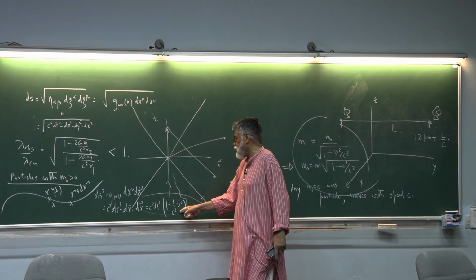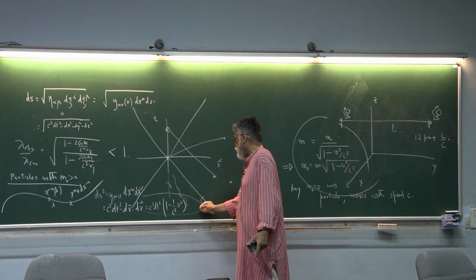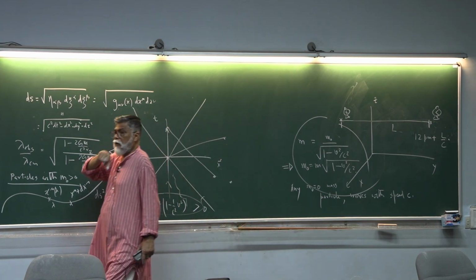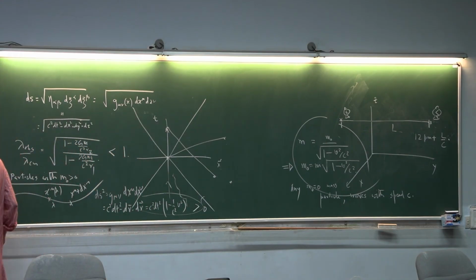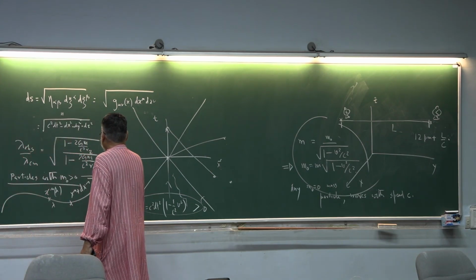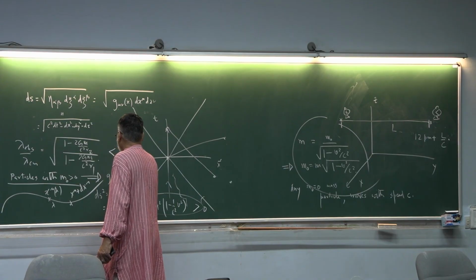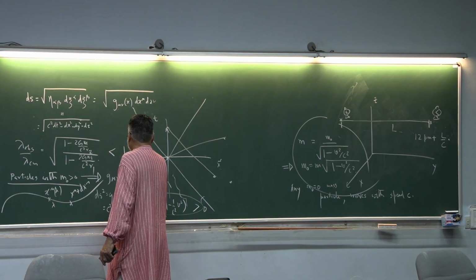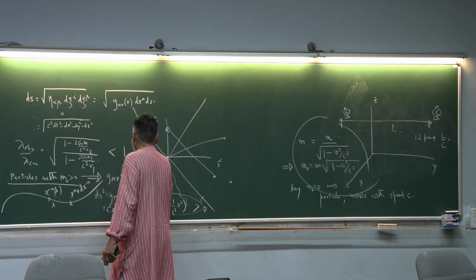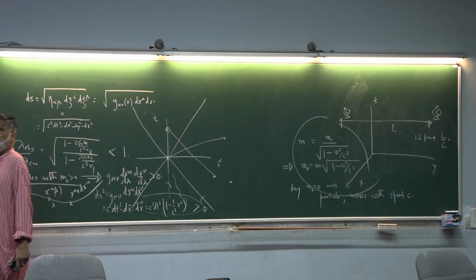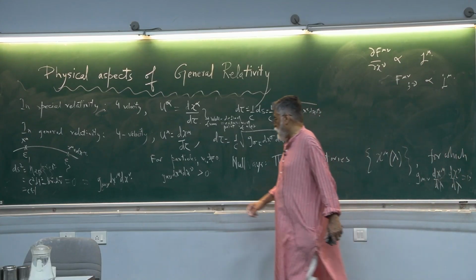So 1 − v²/c² is positive, and therefore this is greater than 0. And ds² is invariant. So therefore we have proved that g_μν (dx^μ/dλ)(dx^ν/dλ) is positive. Okay?